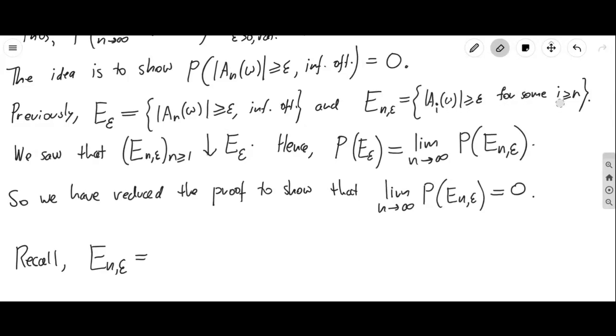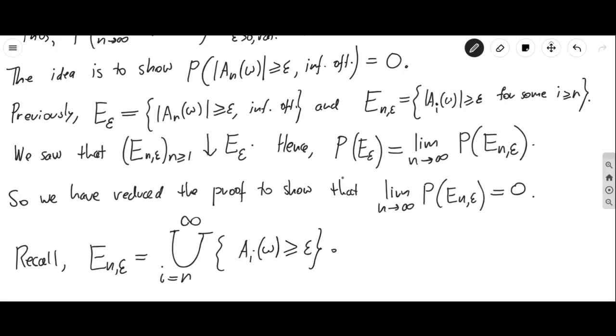So because we're saying for some i bigger than or equal to n, we can therefore say that this is the union. So you're just going to write this as the union of events where i ranges from n to infinity, and these would be the events where a_i of omega is bigger than or equal to epsilon, like this.